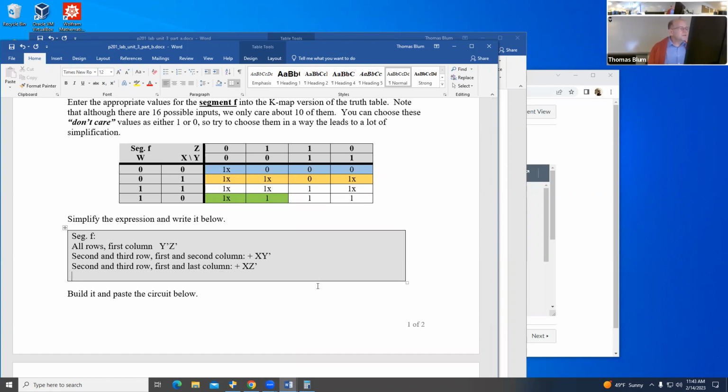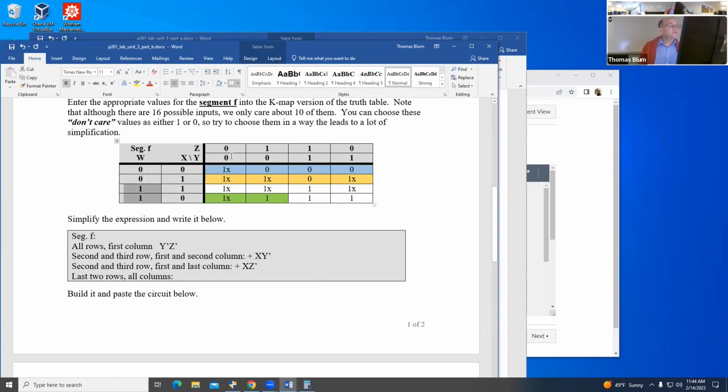So this is the last 2 rows, all columns. That is an octet, so I'm going to lose 3 things and only keep 1. W stayed the same, that's what I'm keeping.